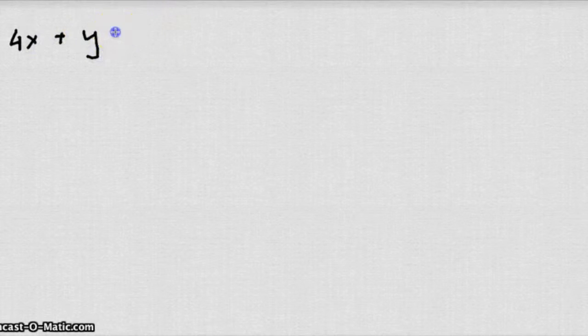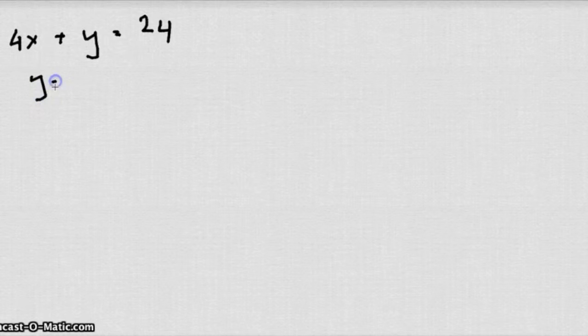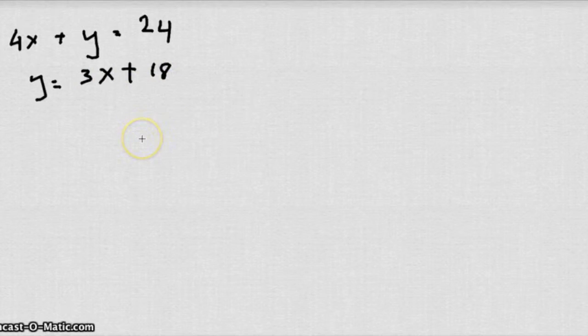For example, we have the first equation, 4x plus y is equal to 24. And y is equal to 3x plus 18. In this case, we can see that here they're saying that y is equal to something, and in the first equation we have a y.